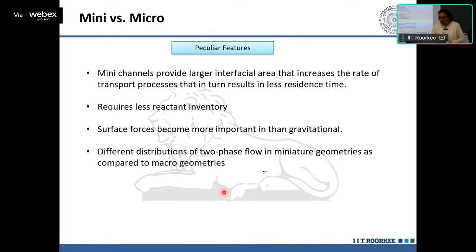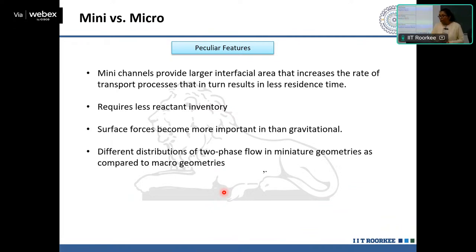For that, I gathered that Professor Angeli already showed these non-dimensional numbers to you in the last class yesterday. But again, just a recapitulation: the ratio of forces in miniature geometries is widely different from that in macro channels.